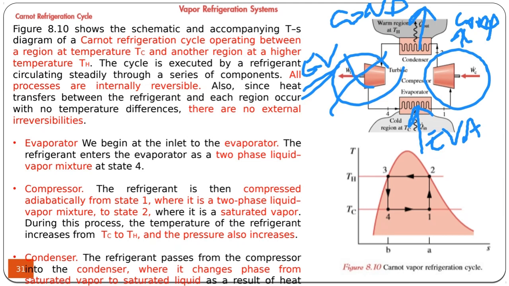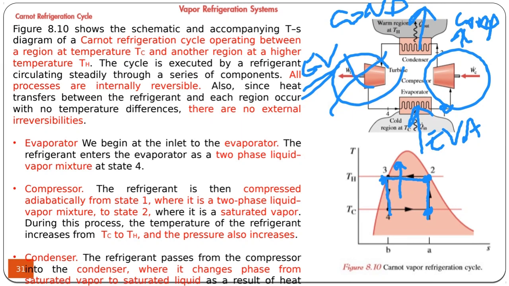It starts with a mixture of vapor and liquid. As it's compressed to a higher pressure, it becomes saturated vapor. Inside the condenser, as the heat is rejected, it becomes saturated liquid.